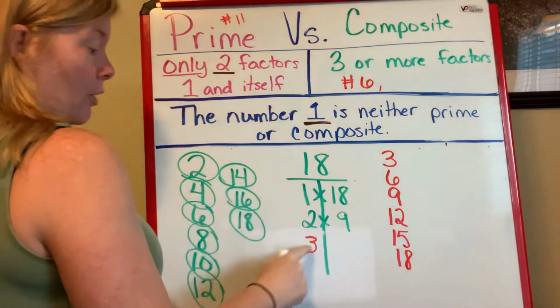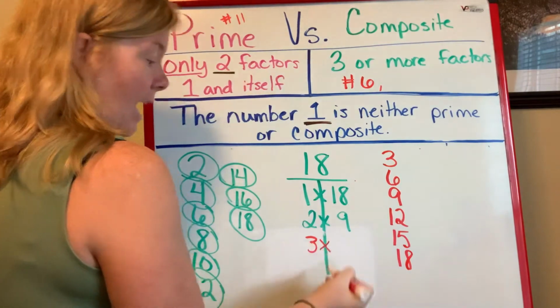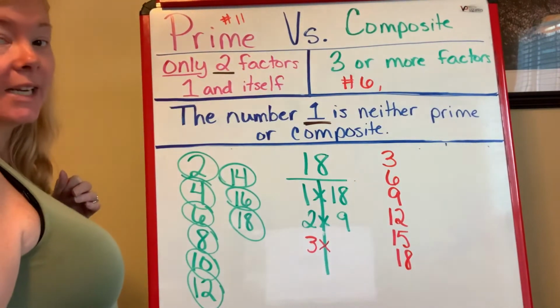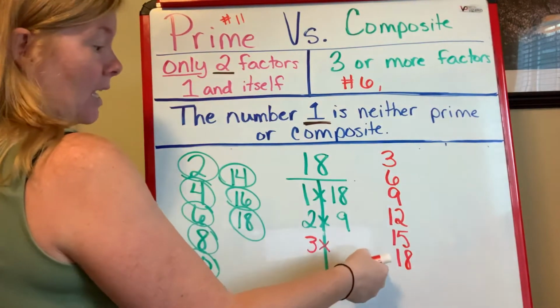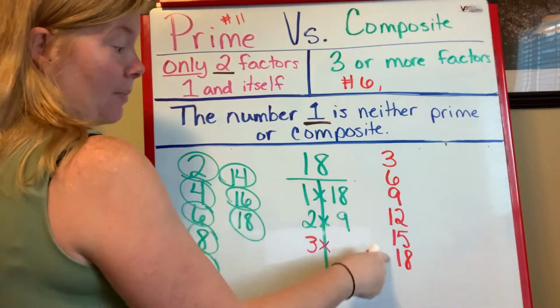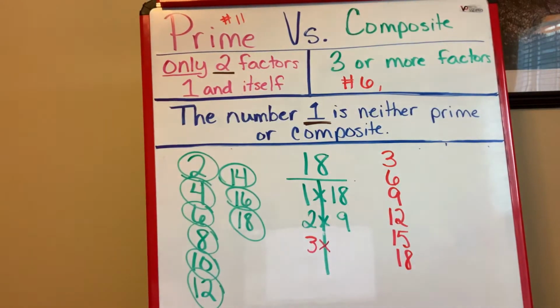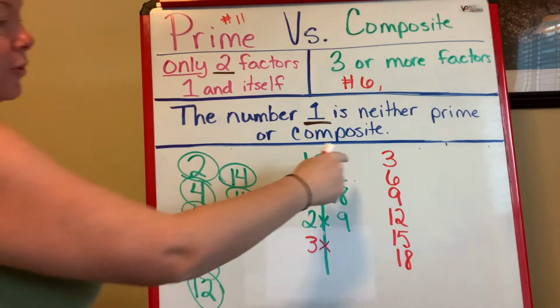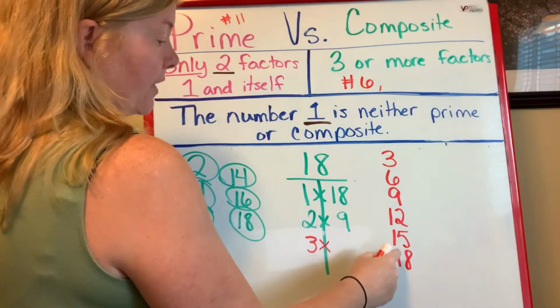So this is 3 times how many times did it take me to count by 3s to get to that. I'm skip counting, so these are my multiples. 3, 6, 9, 12, 15, 18.